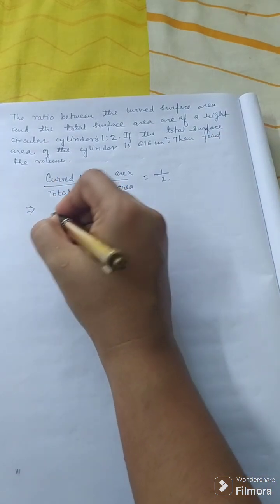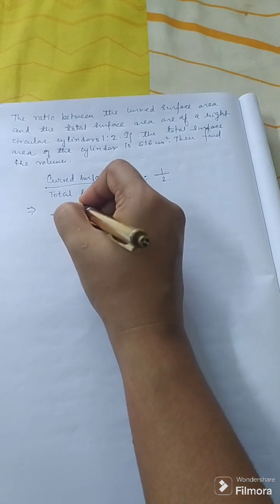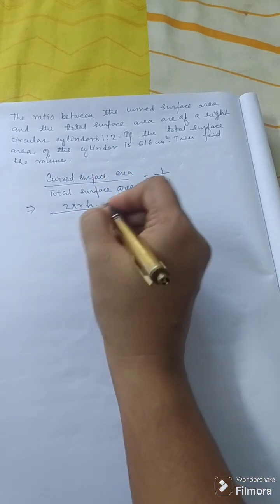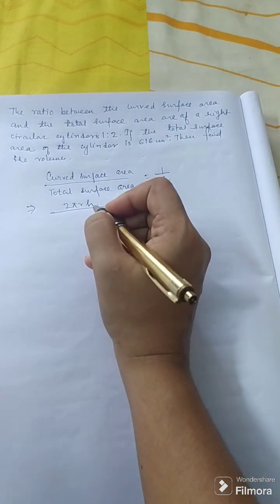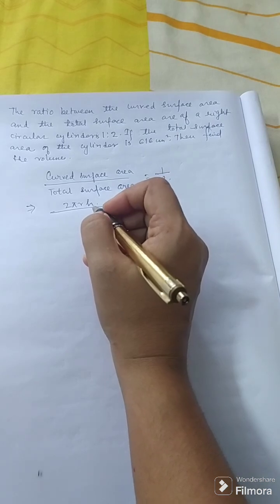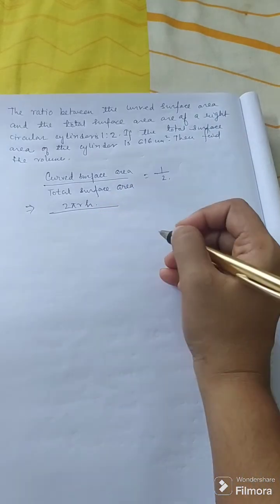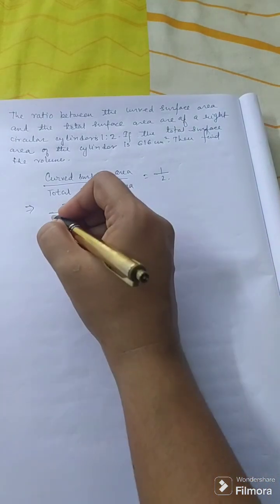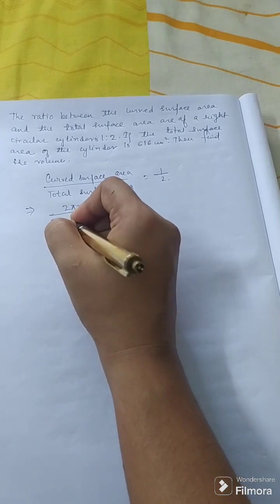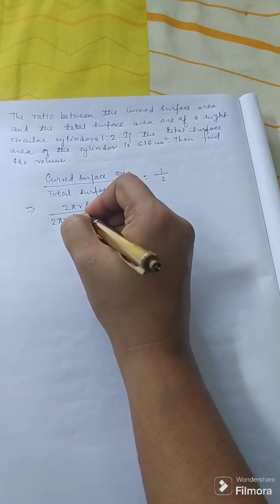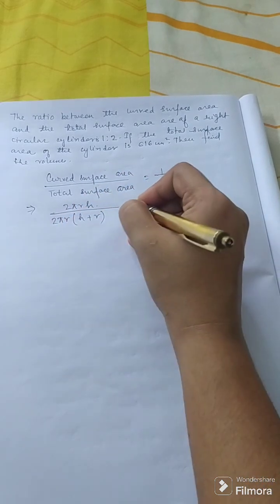The formula we know is 2 pi r h. And total surface area means upper and lower circles are also taken into consideration. Each area is pi r square, so 2 pi r square will obviously be there. If I take common, we will get h plus r.